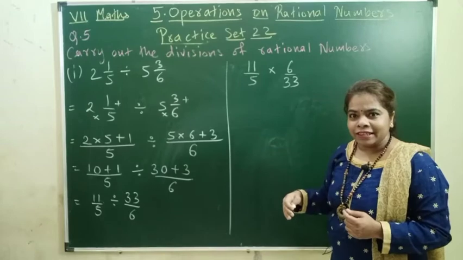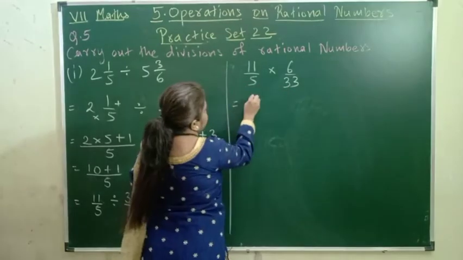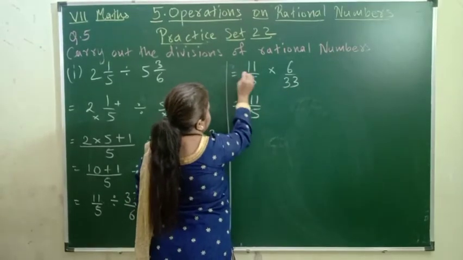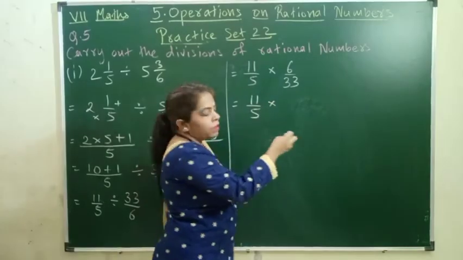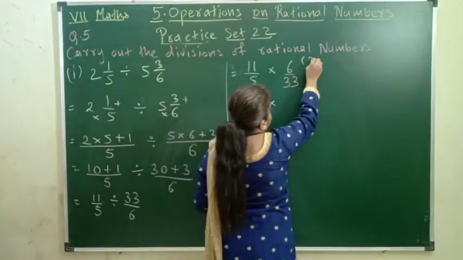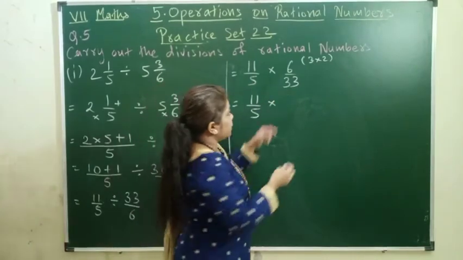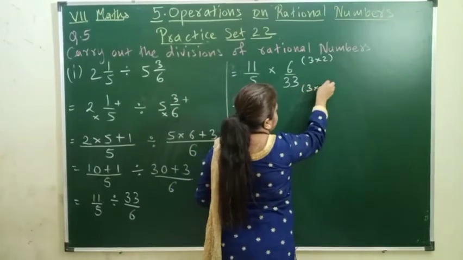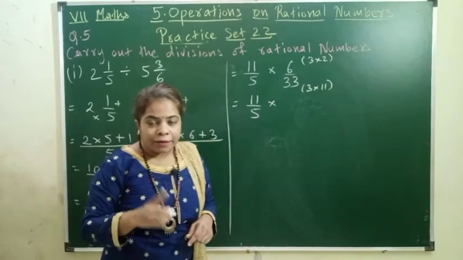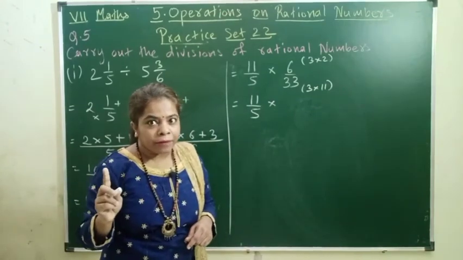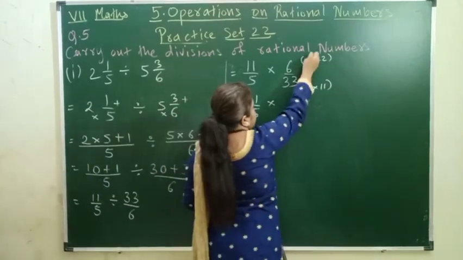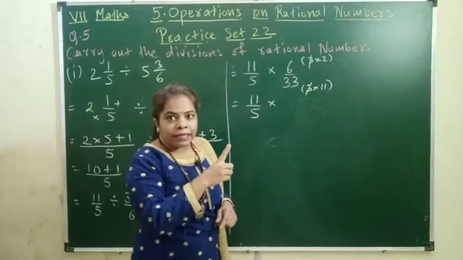Let's do it then, children. This 6 is 3 2s are 6 and this 33 is 3 11s are 33. Both are coming in a common table of 3. We'll cancel this 3. 2 and 11 remain.